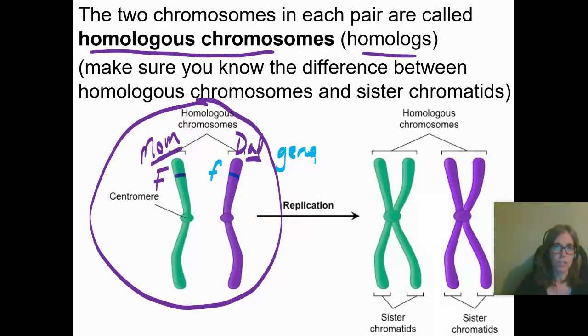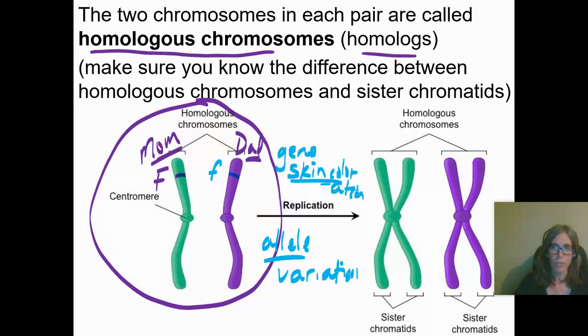So this is the gene for a type of skin color. The alleles would be the version or the variation of the gene. So if the gene is the skin coloration, meaning do you have freckles or not, the allele would be, yes, I have freckles, or no, I don't have freckles. Big F or little f.